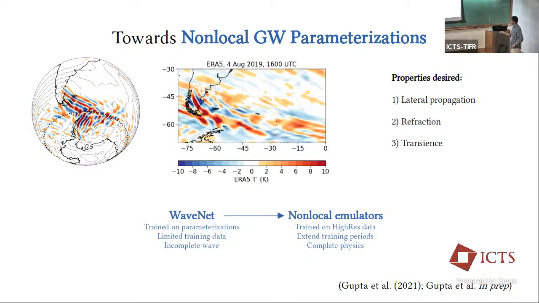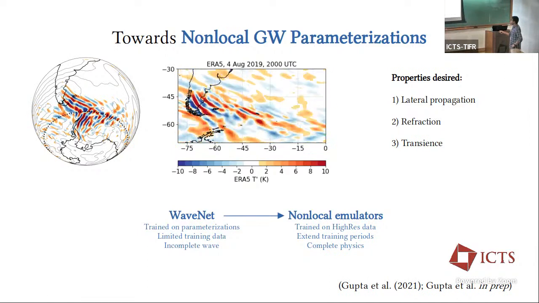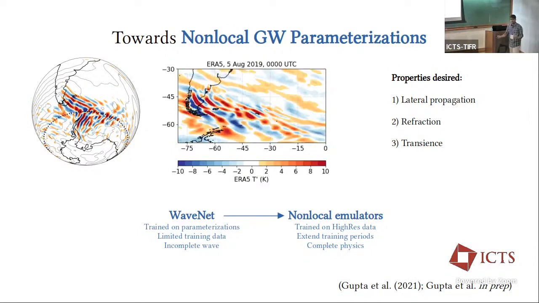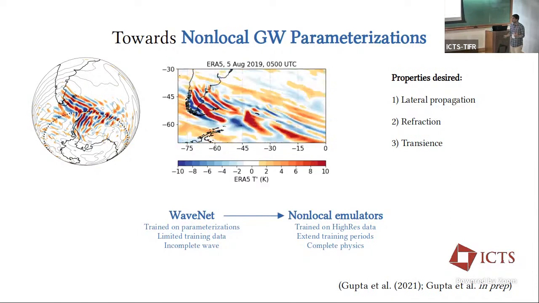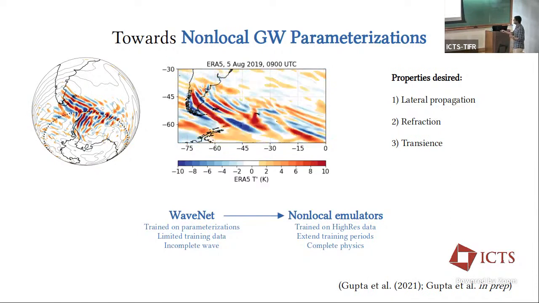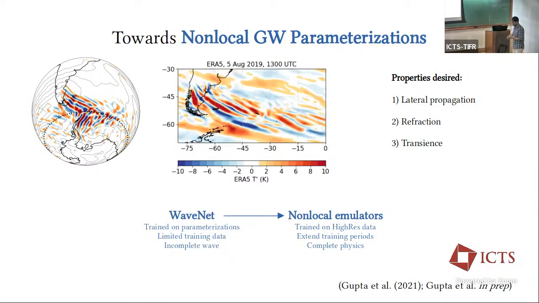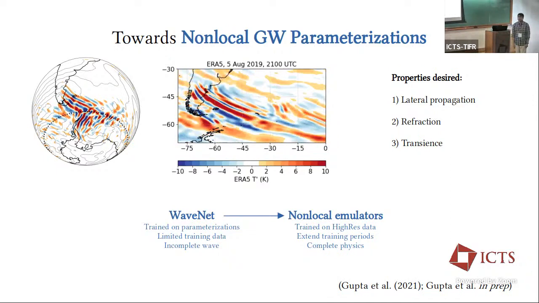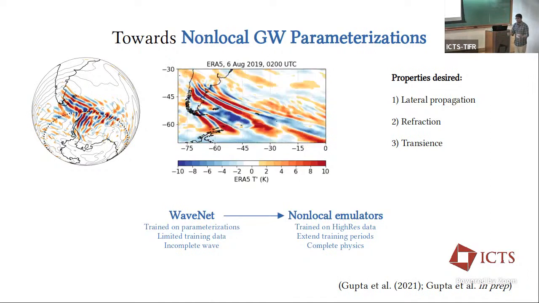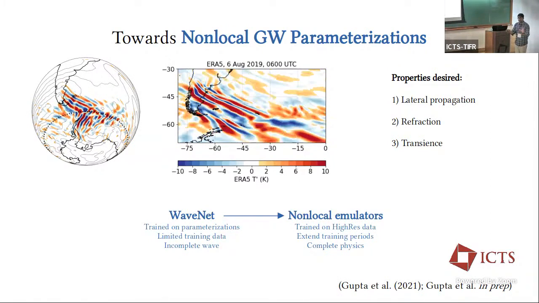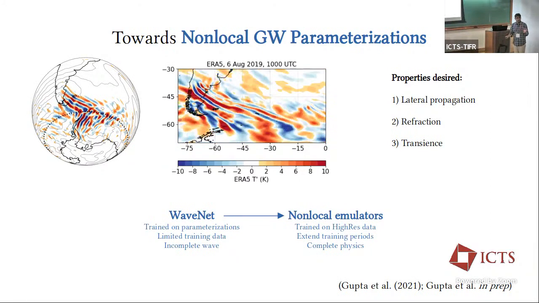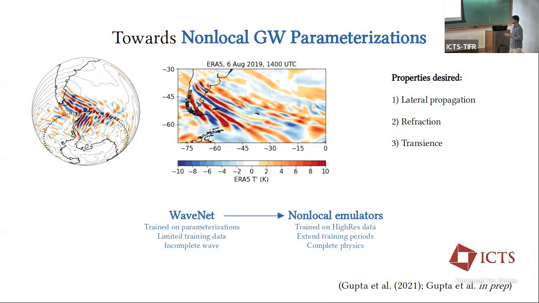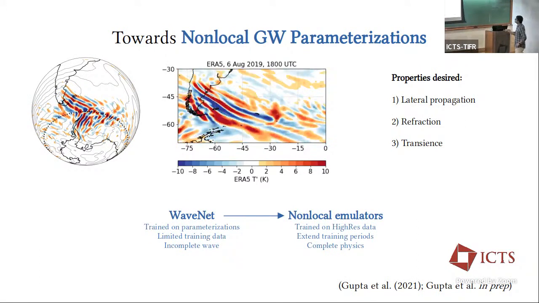So instead of training wavenets on parameterizations, we're training on high resolution global climate data, which is of order 1 kilometer global resolution and resolves the whole mesoscale spectrum. So what you're training your model on is actual fluxes that are generated by a physics-respecting model, and not just approximations generated by parameterizations. So how do we do that?